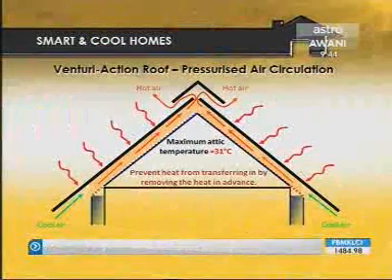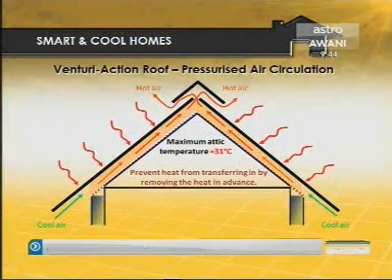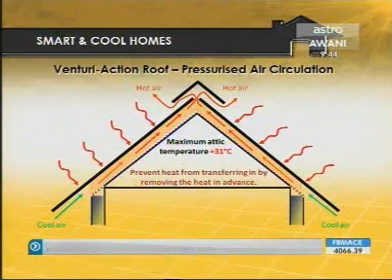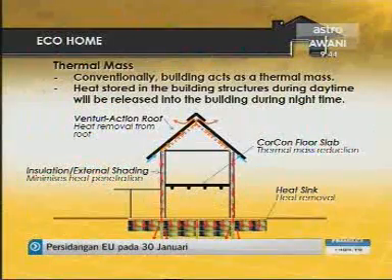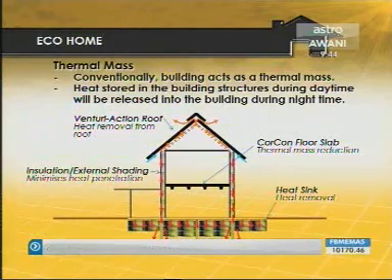A Venturi action flow means from a big space to a small space back to a big space. So what we do is give a gap, and then we have an insulator after that gap. That insulation prevents the heat that heats up the roof tiles from going down. We have the insulation there because we want to build up the heat in that small gap.